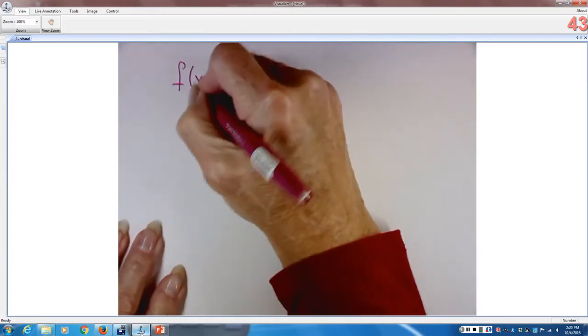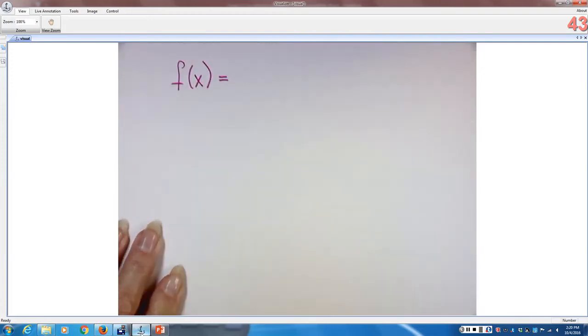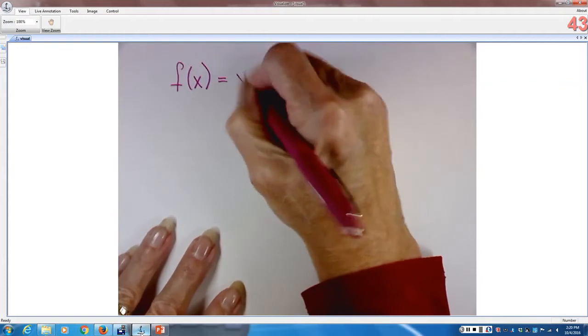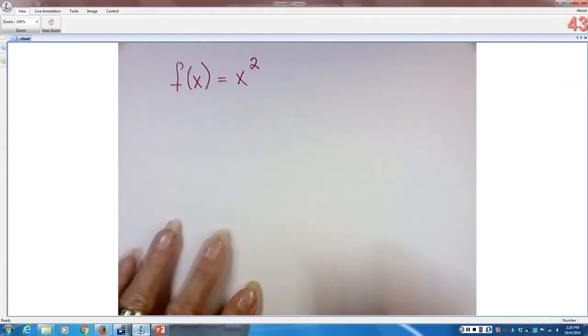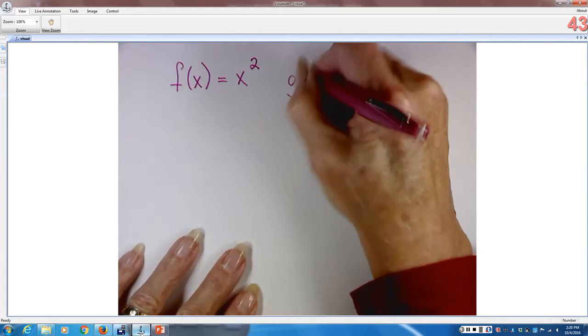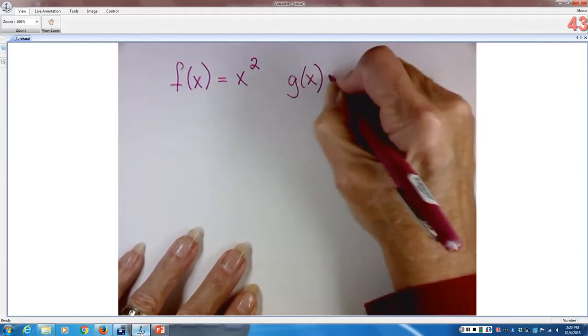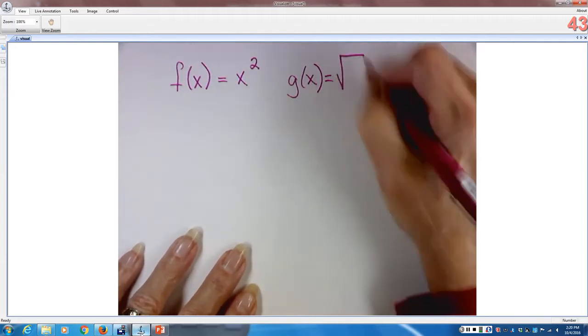So f of x is going to be x squared. G of x is going to be the square root of x.